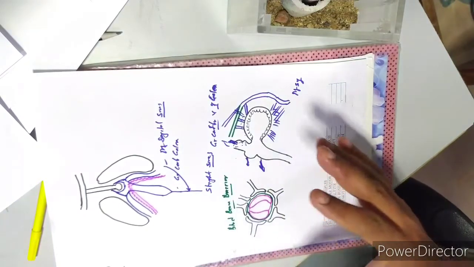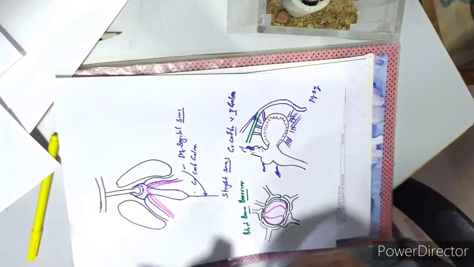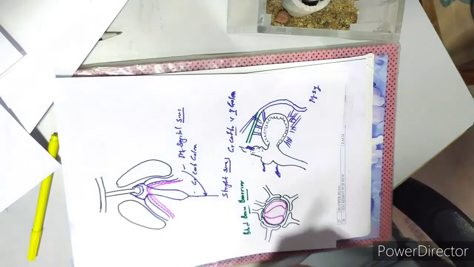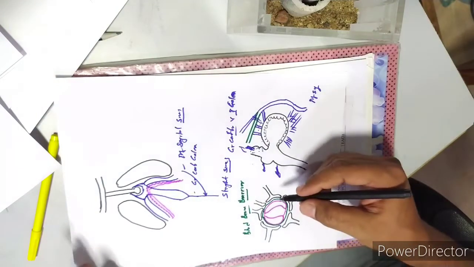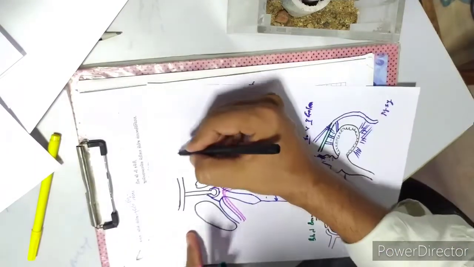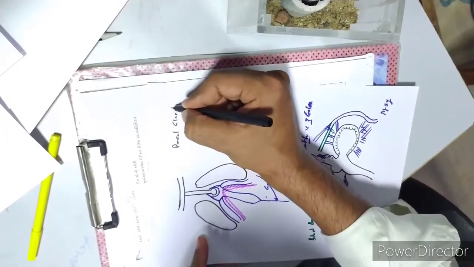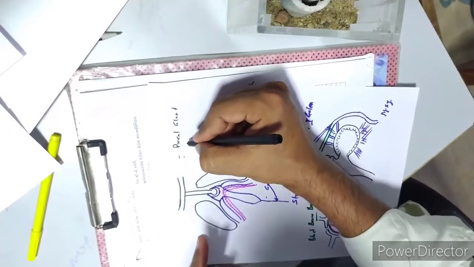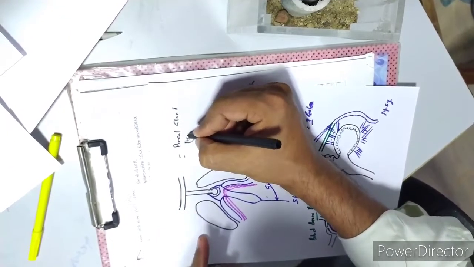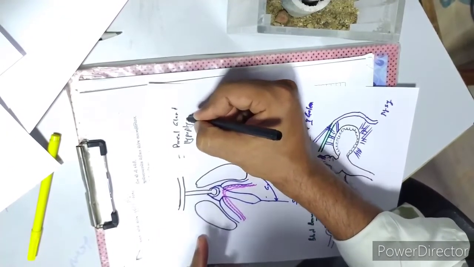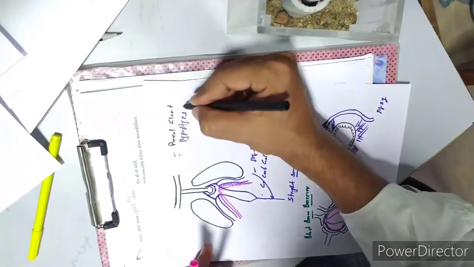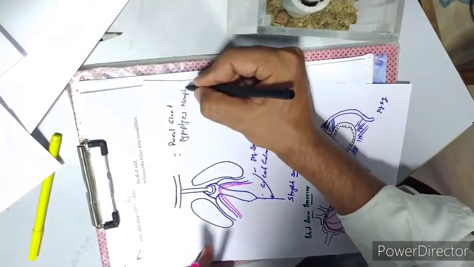Now, at certain sites in the brain, the blood-brain barrier is not present. What are these sites? One is the pineal gland, then the hypophysis, especially the neurohypophysis.